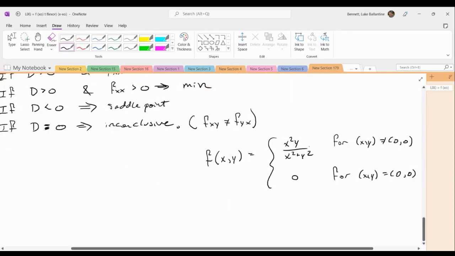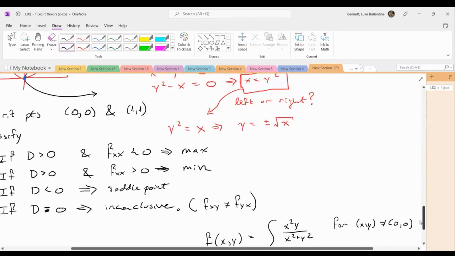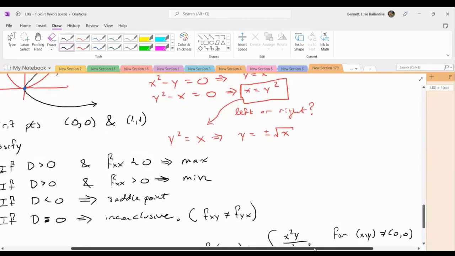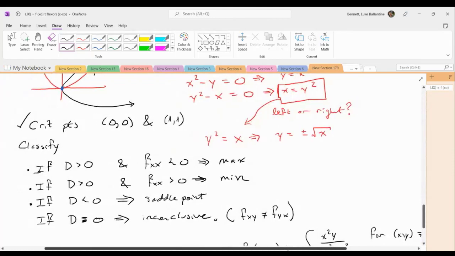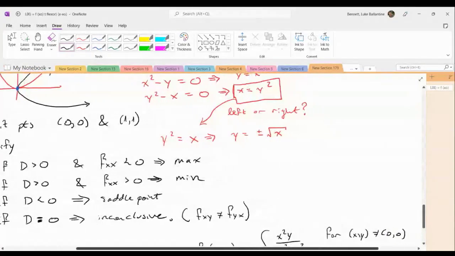When you define the function in this way, you have the possibility that fxy does not equal fyx. But you guys don't have to worry about that. We're just doing continuous second partials.